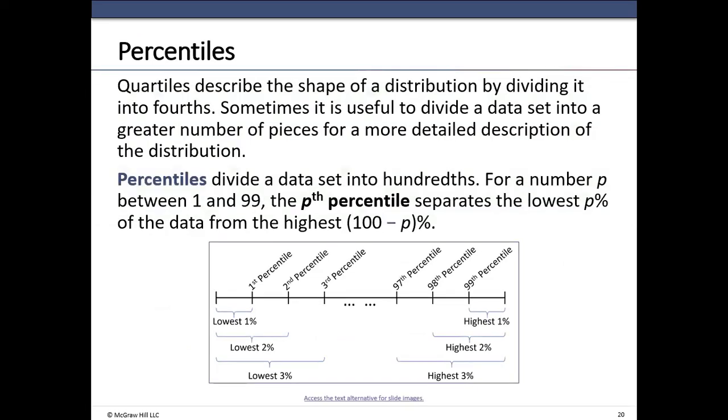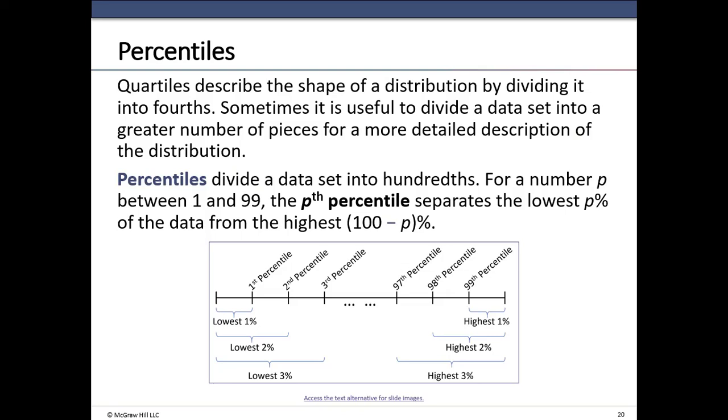Quartiles describe the shape of a distribution by dividing it into four quarters. Sometimes it is useful to divide the data set into a greater number of pieces for a more detailed description of the distribution. Percentiles, as the name implies, divide the data into 100 equal parts.